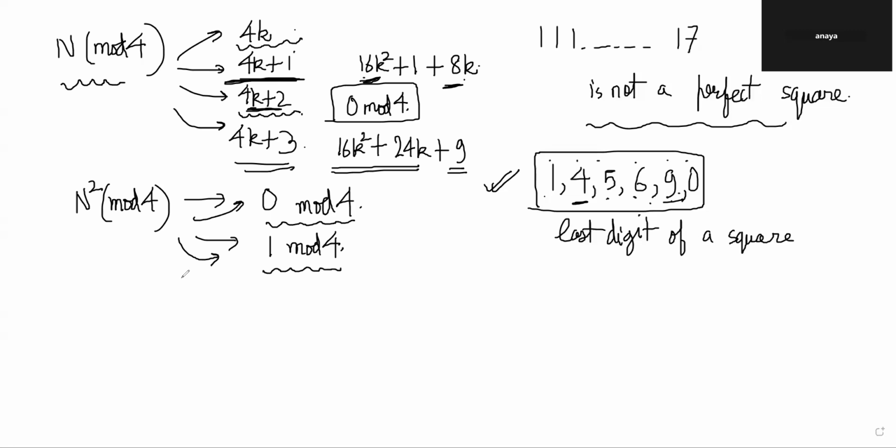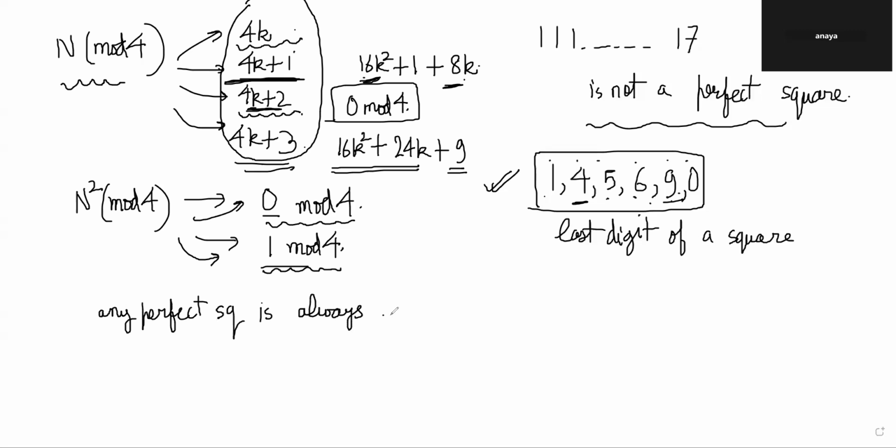So in any case, there are only 4 types of residue classes for a number mod 4. And whenever you square them, you always get 0 mod 4 or 1 mod 4, right? So any perfect square is always either of the form 4k or of the form 4k plus 1.